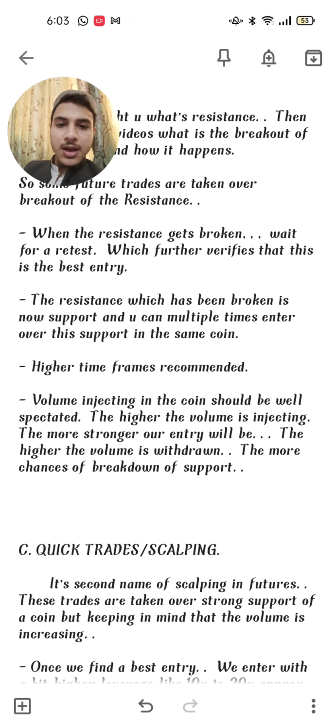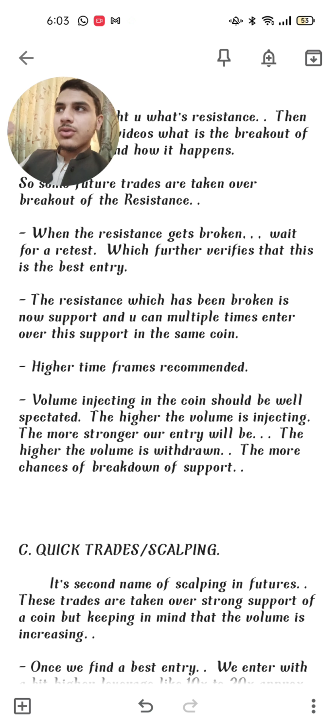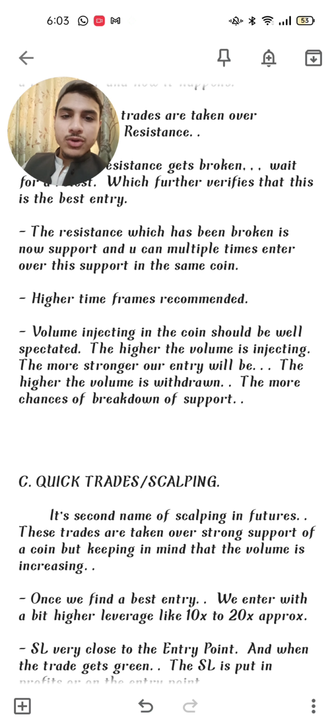Fine. Higher time frames are recommended while you are looking into the chart. Look into the higher time frame, 4 hour, 1 day, 2 day, and 6 hour, 12 hour recommended. Volume injecting in the coin should be well spectated.